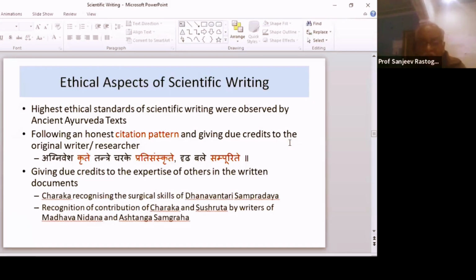So all three people who have contributed to this text, which is known as Charak Samhita today, are acknowledged in the beginning itself.